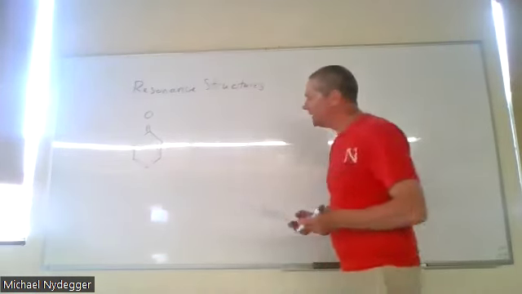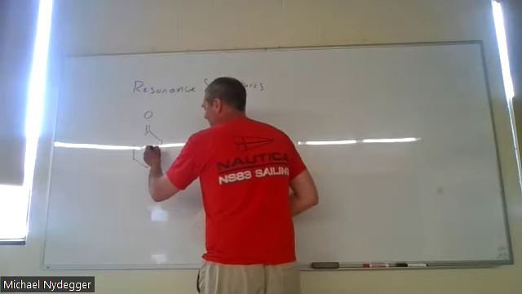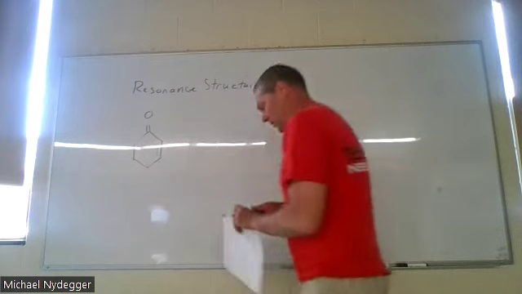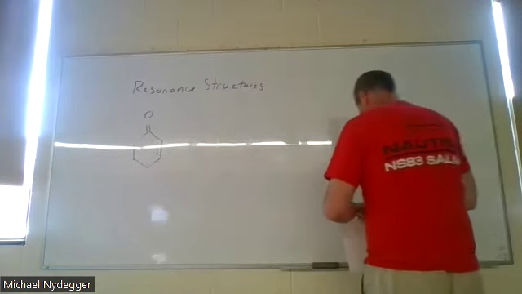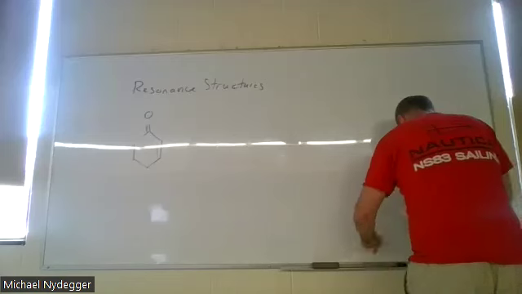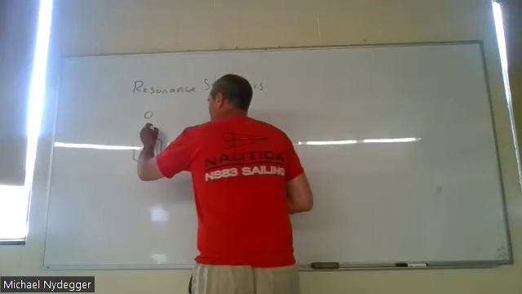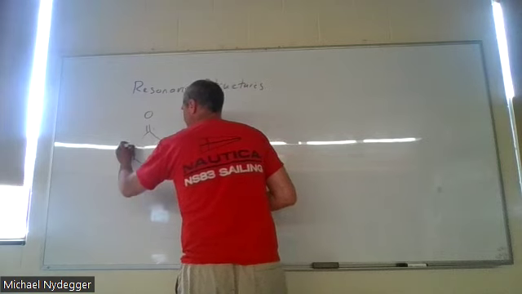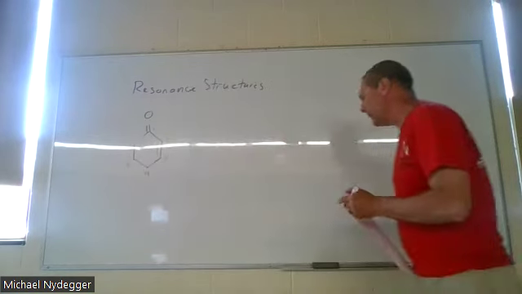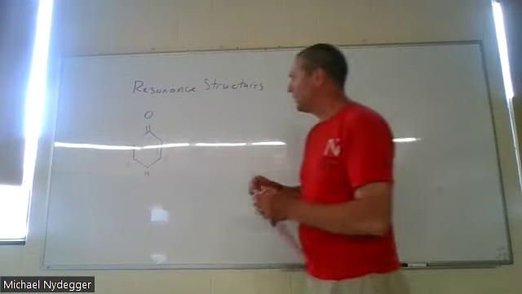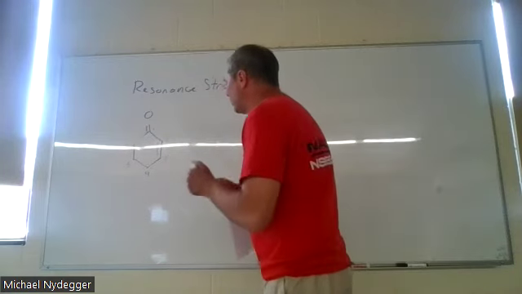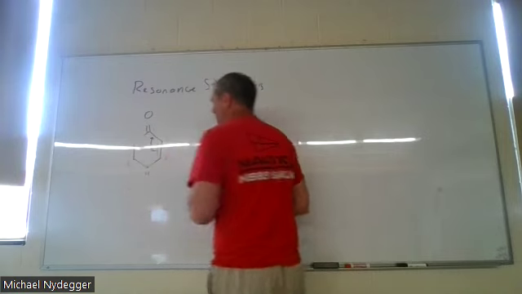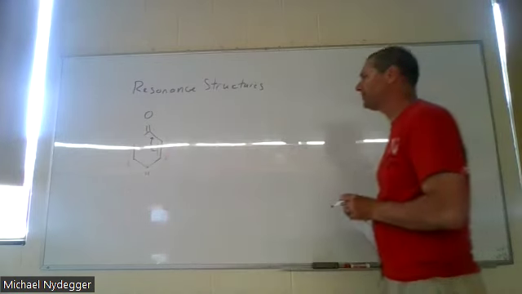If we were to number these very simply as 1, 2, 3, 4, 5, and 6, we have a double bond between carbons 2 and 3. We can now rotate this up to there, all right?